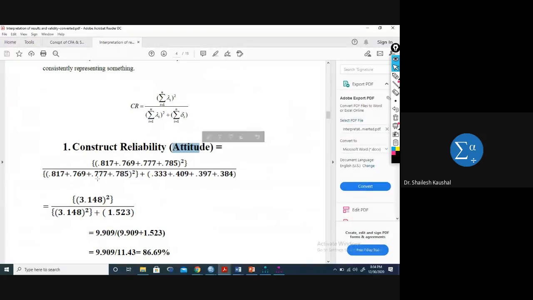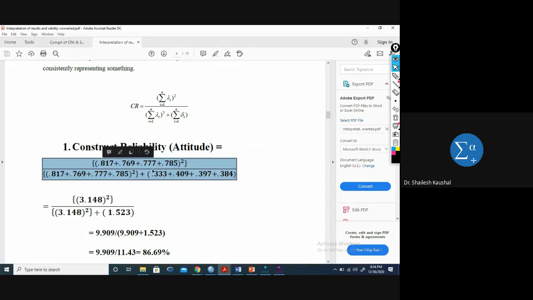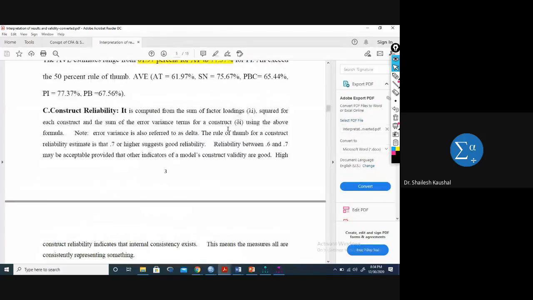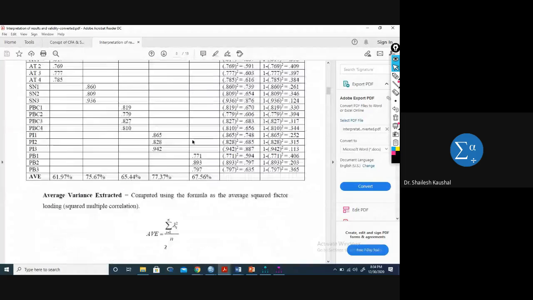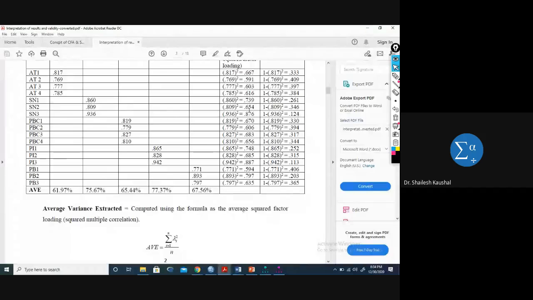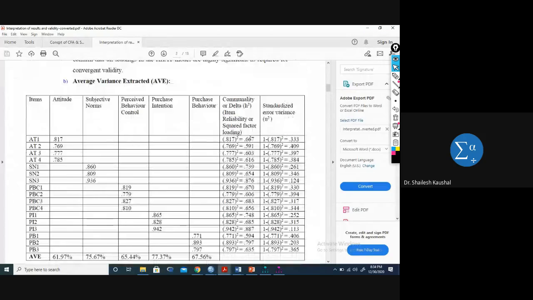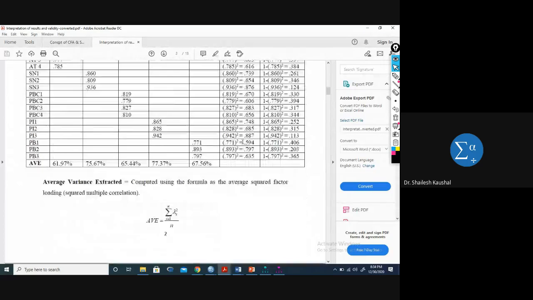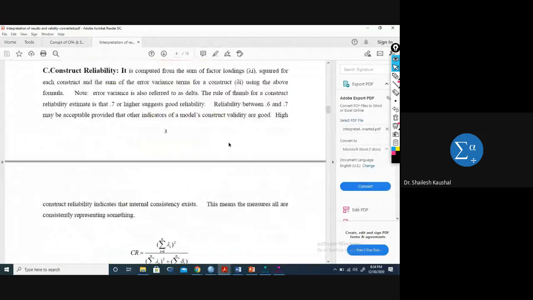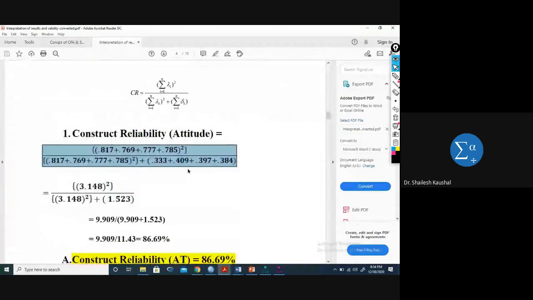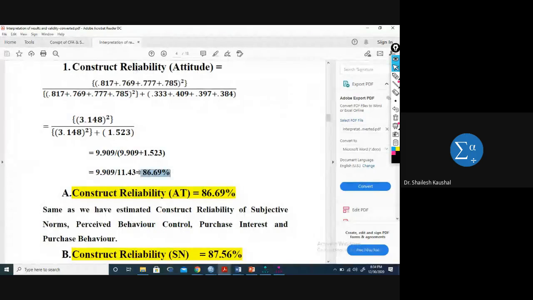This is the formula, and we take the values from this table. So we have taken the values and just put them here. This is the delta, so here you can see the value of delta. We have put all the values from the above table, and then we find the value of the construct reliability.